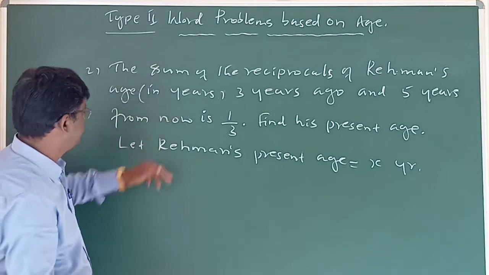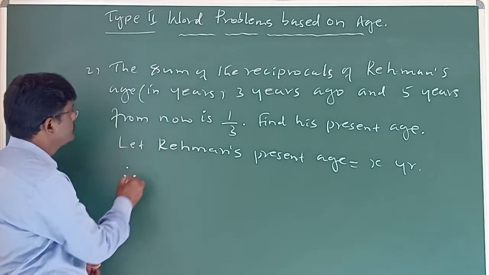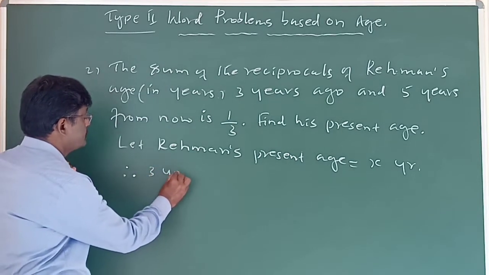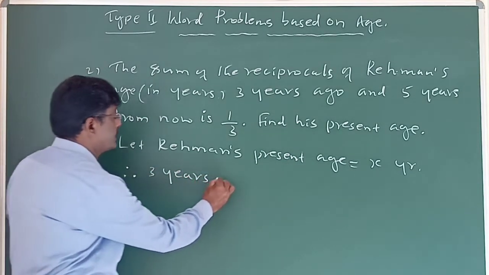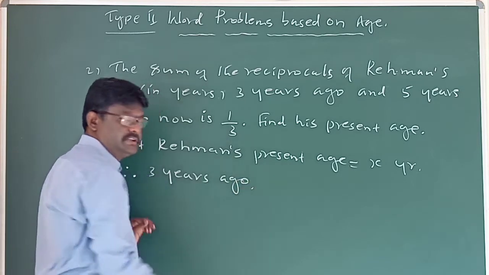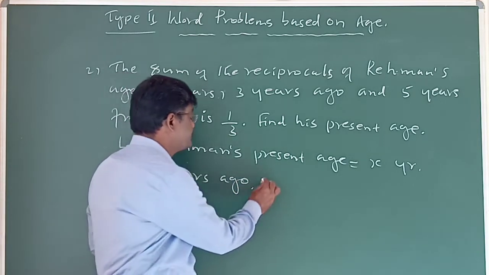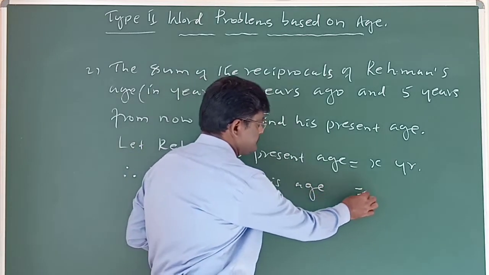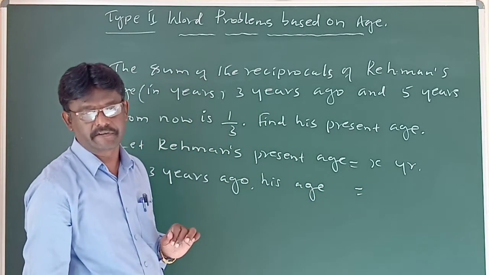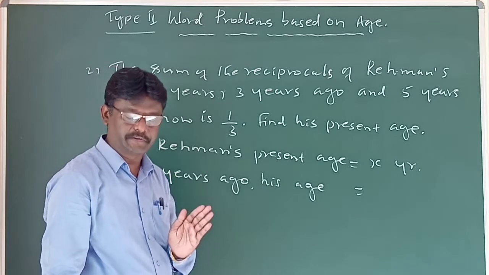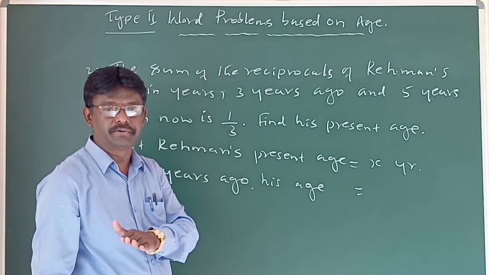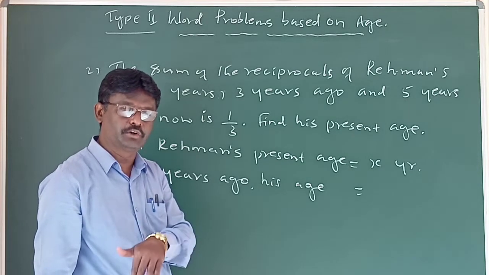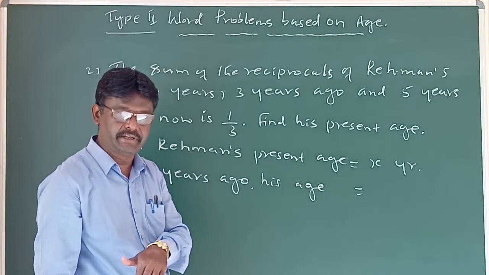Next, see that 3 years ago, his age will be what? Now it is x. For example, now your age is 16. 3 years ago, was it 16 minus 3 or 16 plus 3? 3 years ago, what was your age? Is it 19?